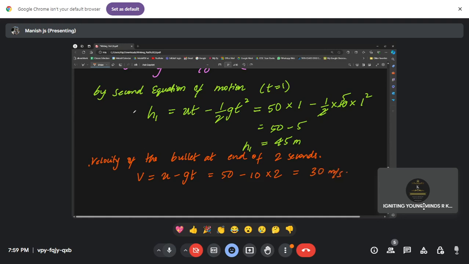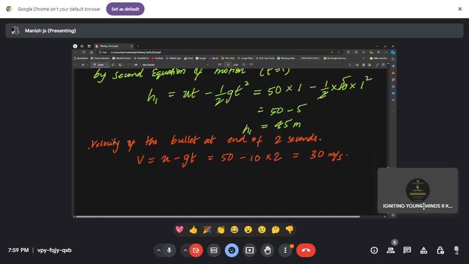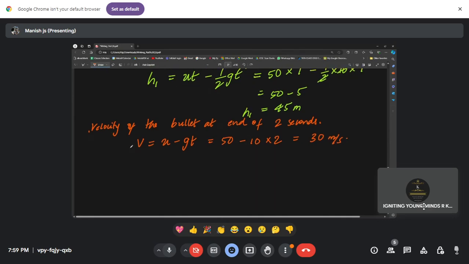So therefore, this is going to be the value of the initial velocity for the last 3 seconds. I hope it's clear. Once you found out the change in velocity, in the last 3 seconds, this 30 meters per second will be the initial velocity.